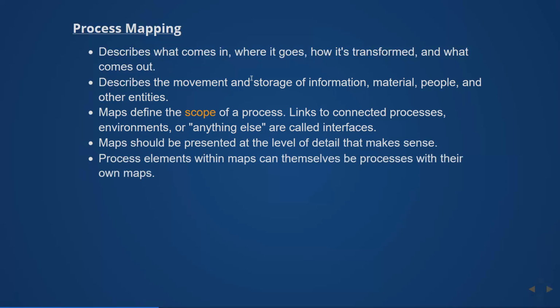So process elements: each processing step within a process might involve a whole sub-process with a map of its own. Sometimes it'll be an entity that moves through the process, like a document, which might get to a certain processing station, and then all kinds of complicated things could happen to it there.